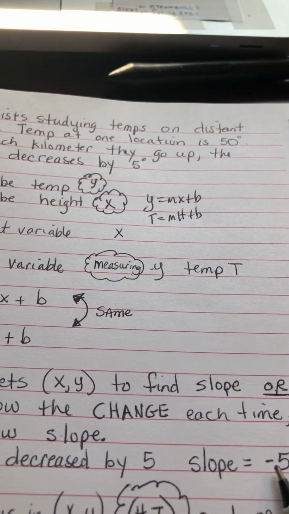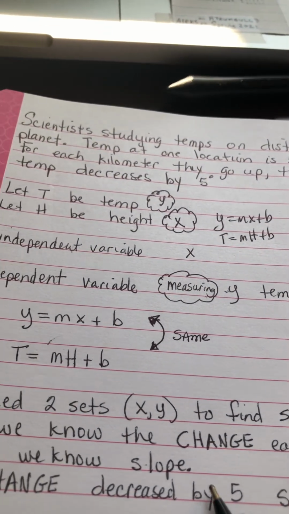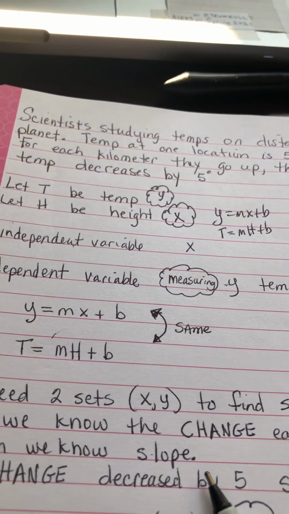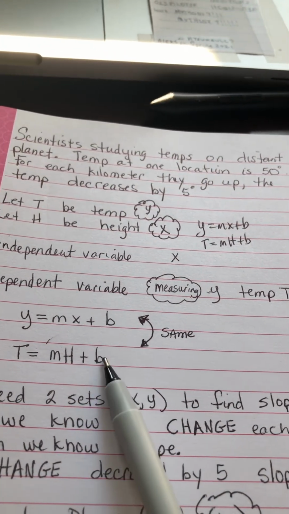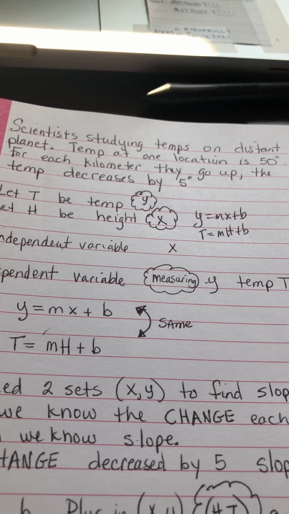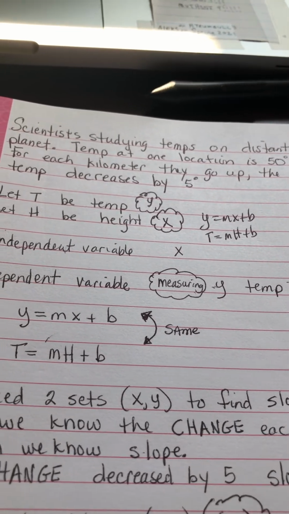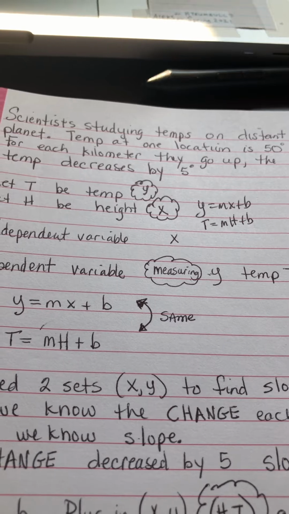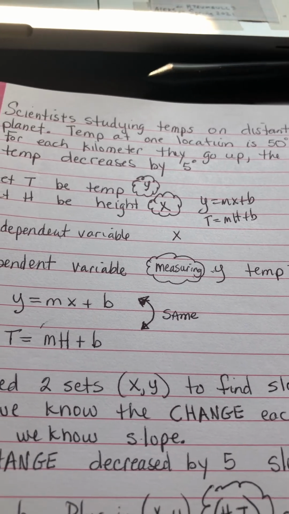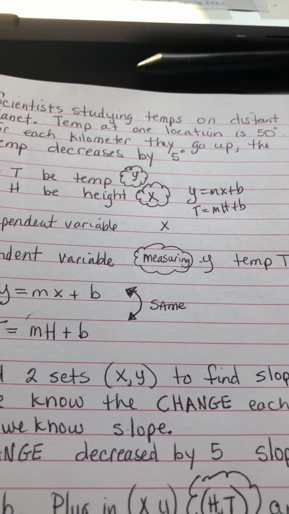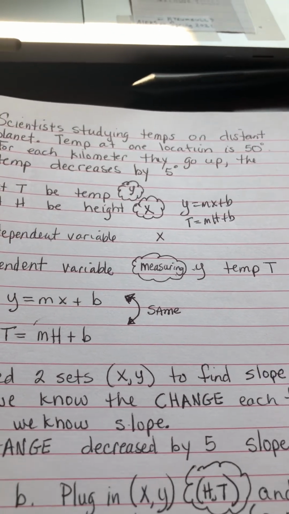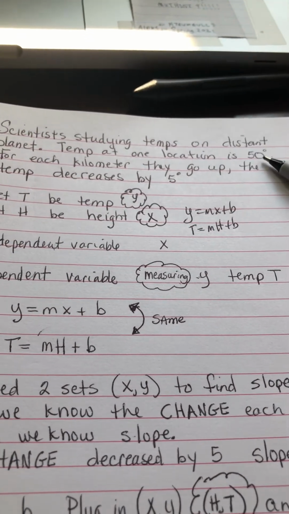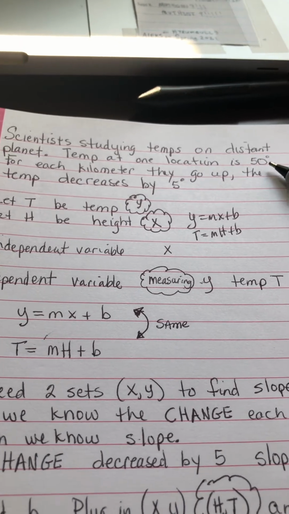Step 2 is to find the y-intercept, and that's the b value. The y-intercept is asking, where does the data begin? What's the starting point? B for begin, think about that, the beginning value. They gave us this idea that there's a 50-degree location, and that's where they started.